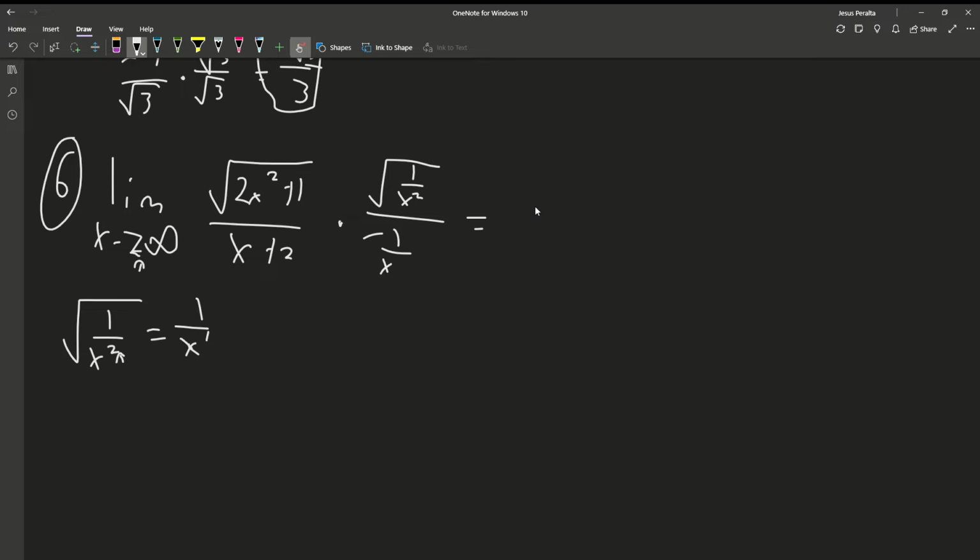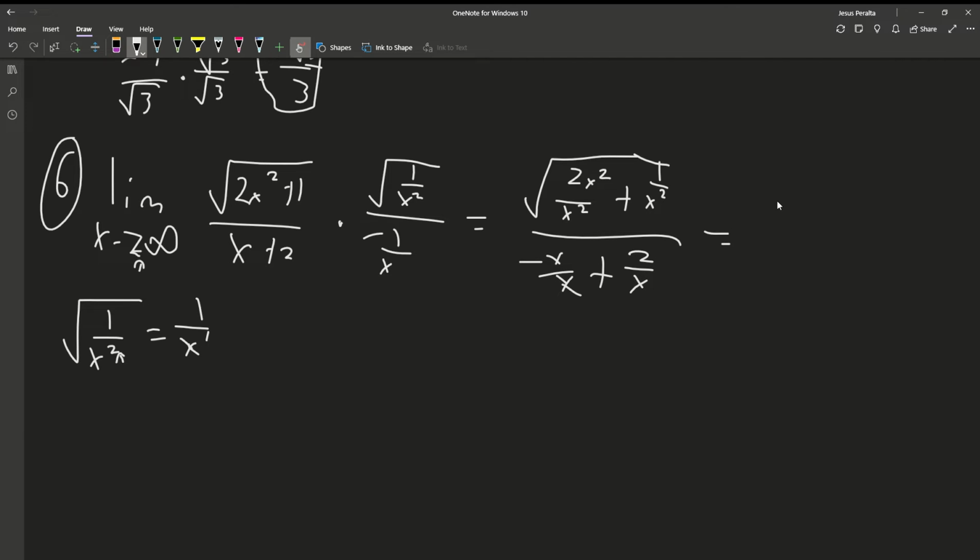So we're going to multiply, so it's going to be square root of 2x squared over x squared plus 1 over x squared, over negative x over x plus 2 over x.